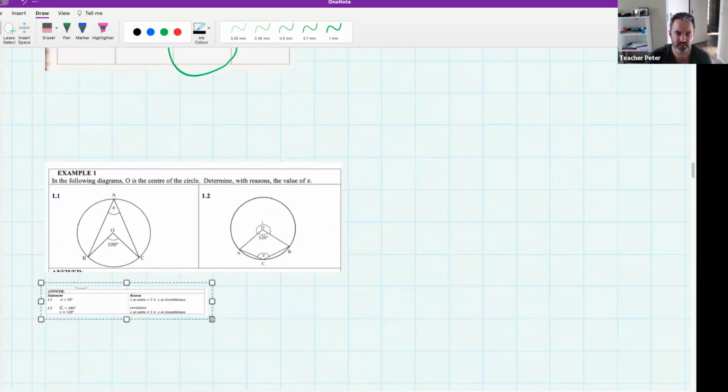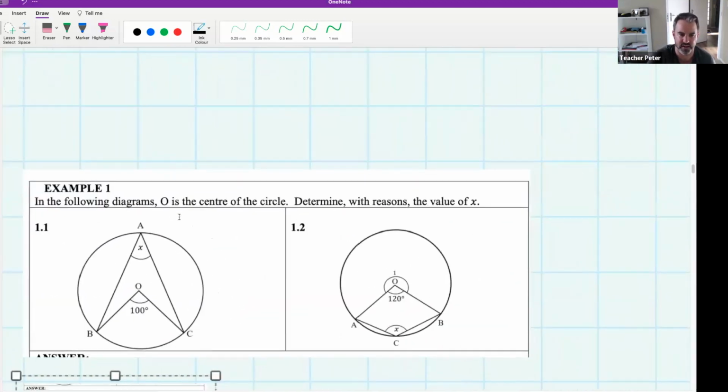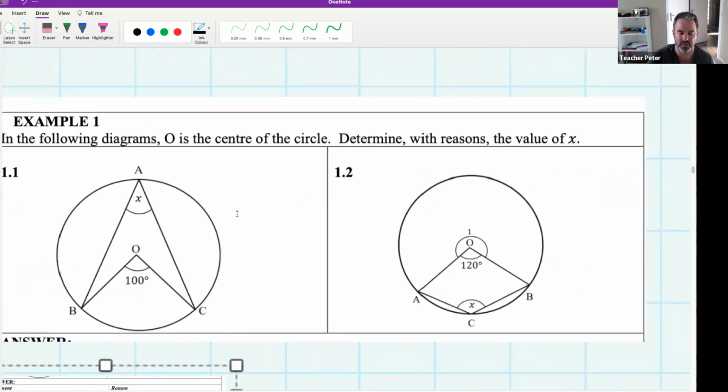Okay, well, let's have a look at these two. What is going to be the value of X in the first one? And what is going to be the value of X in the second one? We'll call this number 1.